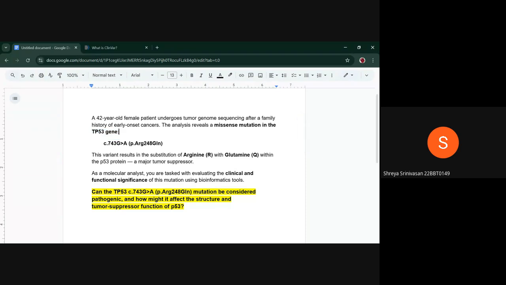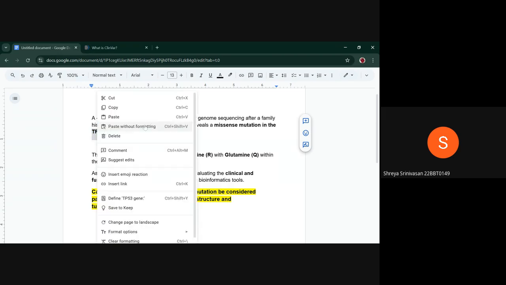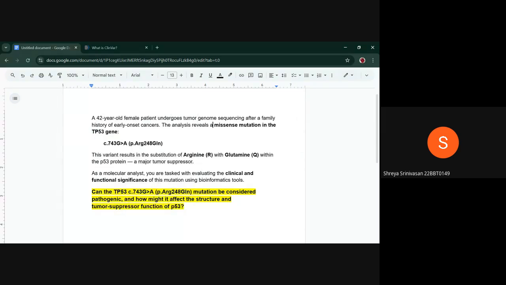What this means is that there has been a change in a particular base in the TP53 gene. The TP53 gene actually codes for the P53 protein. Does anyone here have any idea about what P53 is? If you don't, again, give me a thumbs down, but please be a bit more interactive. So, does anyone know what P53 protein is?